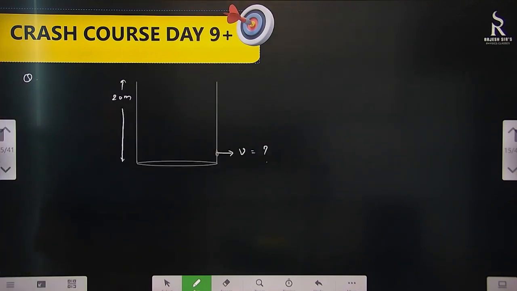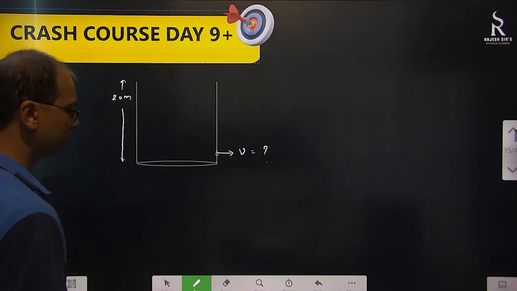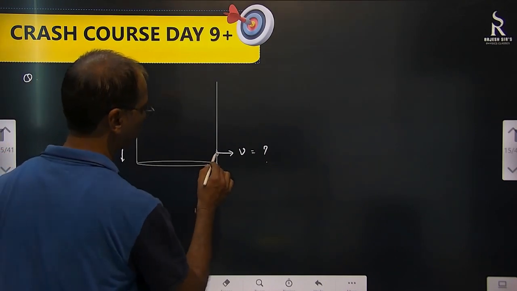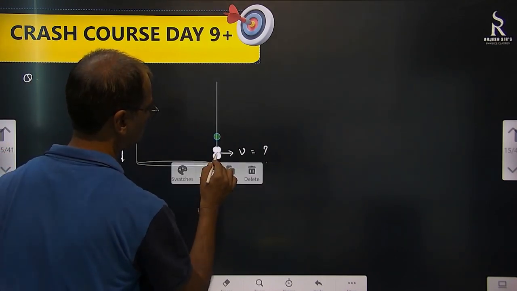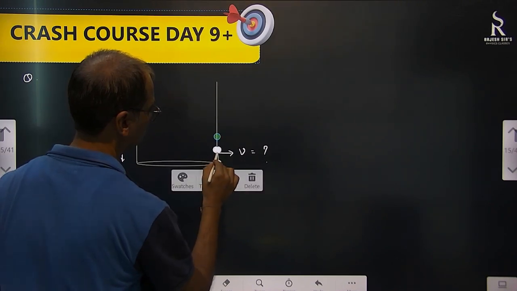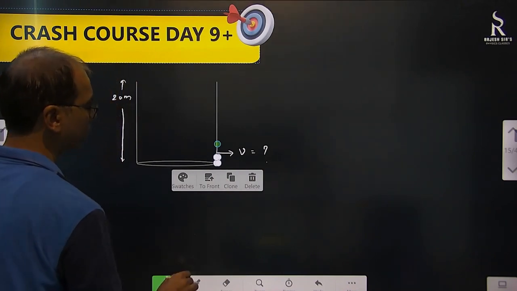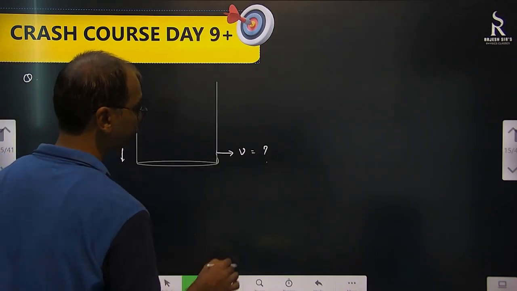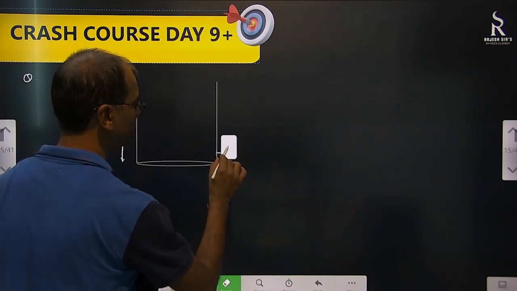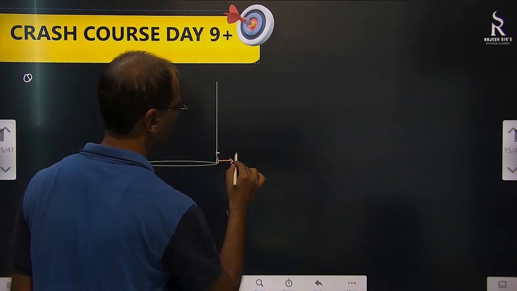Okay, let's see. One more question is there. Simple question. Velocity of efflux is being asked from us. And this hole, let's make it at the bottom, so that we can take directly the total height. So from here, what is the velocity?